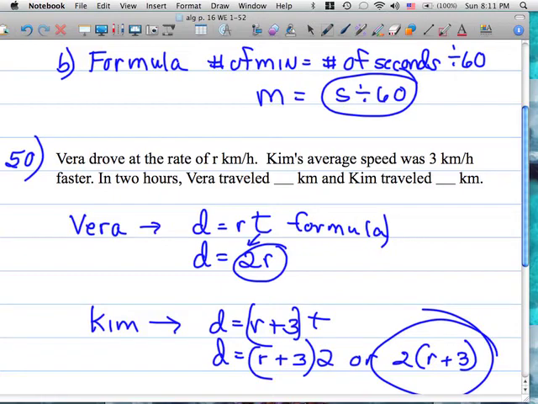So Vera, the distance formula used here is distance equals rate times time, and Vera's rate is R, and her time is 2, so her total distance would be represented by 2R. Kim, however, was going 3 kilometers faster than Vera, so her rate is R plus 3 times T, which was 2 hours. So you could have R plus 3 times 2 in parentheses, or 2 times the quantity R plus 3.